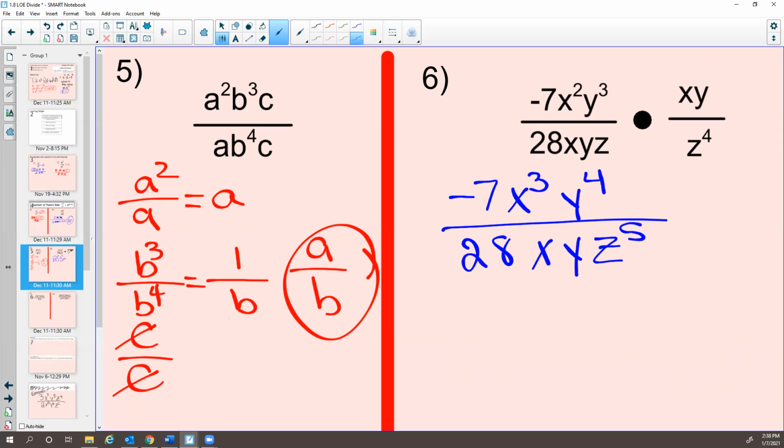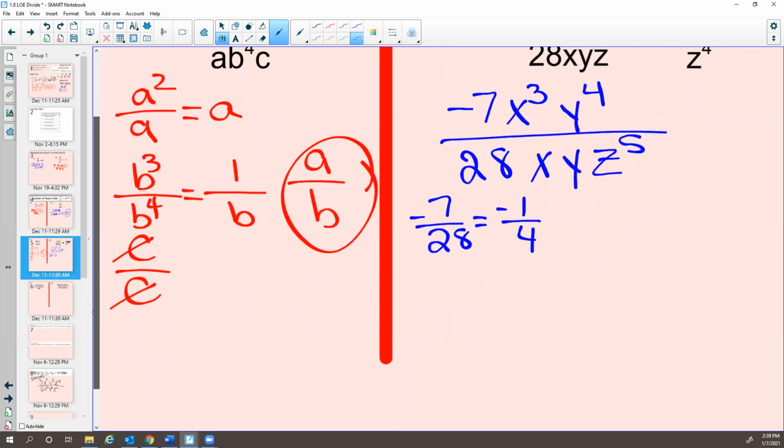Now I can go ahead and start breaking everything apart, just like what I did on number 5. Negative 7 over 28. That gives me negative 1 over 4. Because I divide coefficients, just like my multiplication, I still multiply those coefficients. Okay? Let's try our x's now.